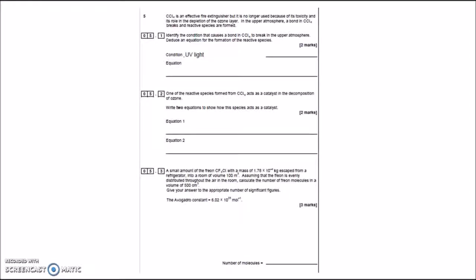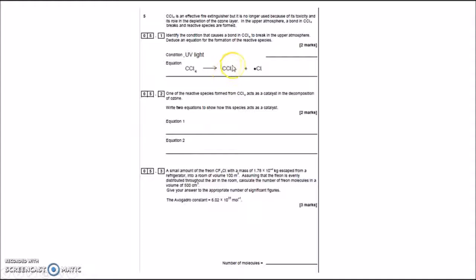In the equation, in CCl4, one of the bonds between the C and the Cl breaks, and the pair of electrons in that covalent bond separates. One electron goes onto the Cl as the bond breaks, and the other electron goes onto the C. Now that's come from the mark scheme.